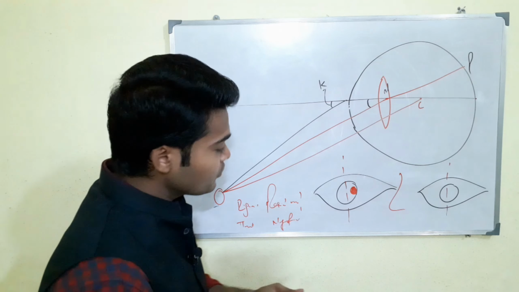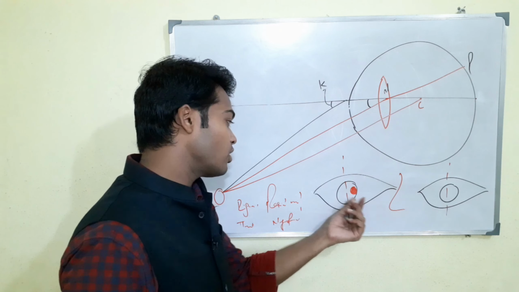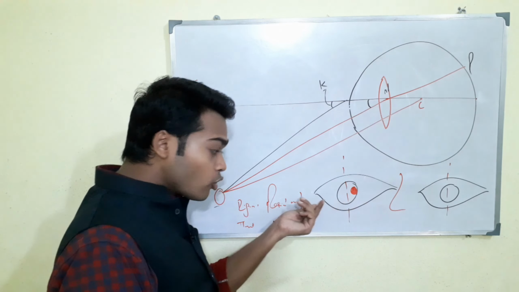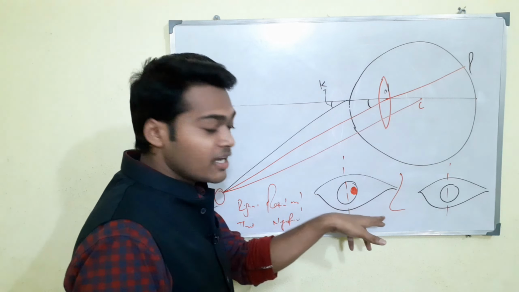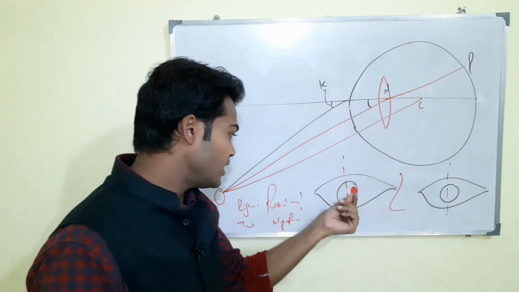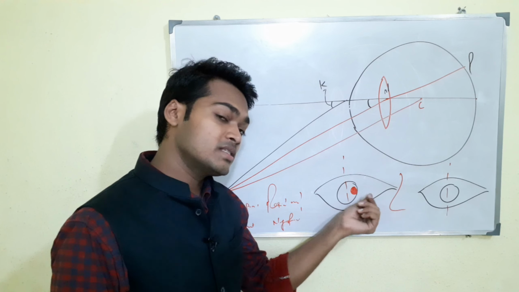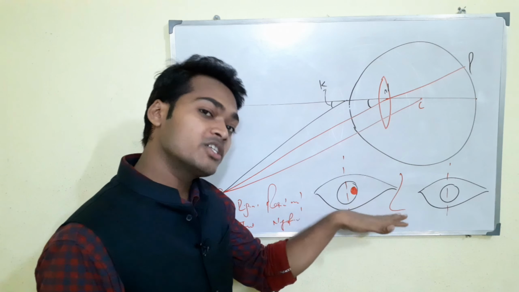Now you tell me in which case light falls on the nasal side and in which case on the temporal side. When the eye turns outward, meaning exo, angle kappa is positive. How? When the eye goes outward, the light falls nasally, so if the case is exo, angle kappa is positive.